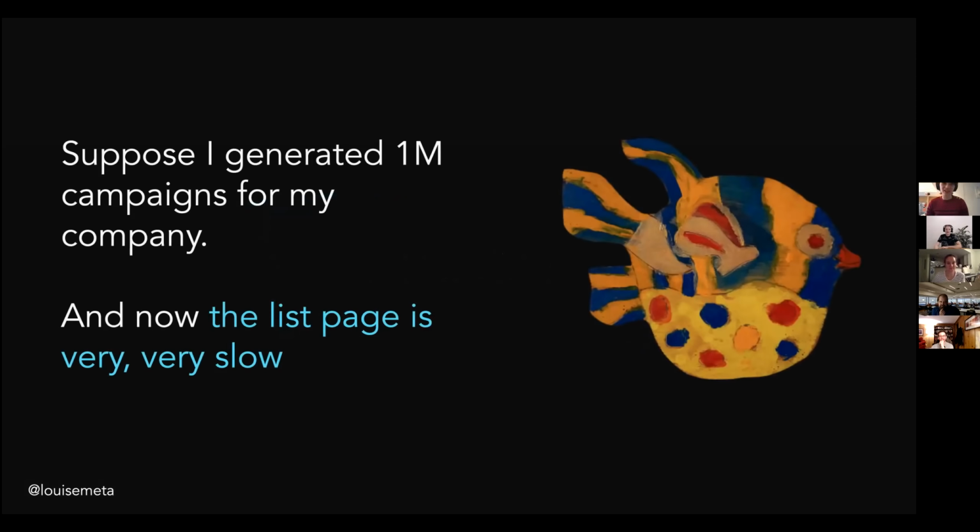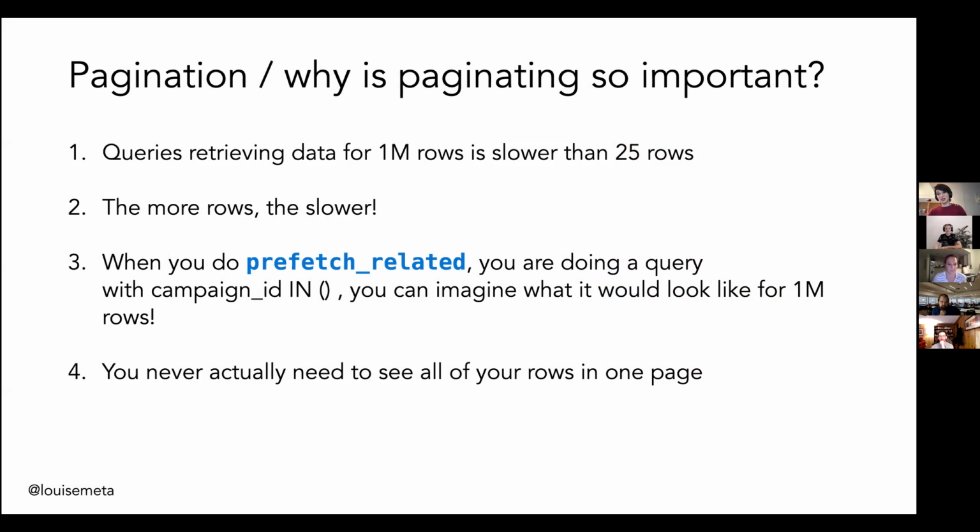So to have that work, I now generated 1 million campaigns for my company. I have a company that is advertising a bit too much, if you want my opinion, but sure. So the list page is now very, very slow. And because we don't have pagination, you have a page with 1 million items, which is not really interesting.